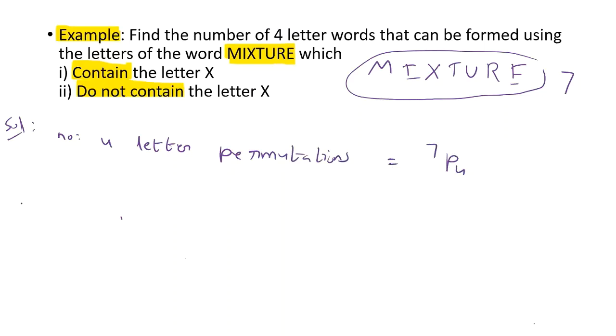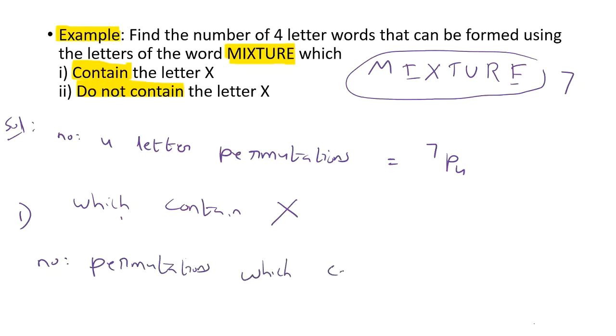Now we have the first problem: which contain X. We have to find the total number of 4-letter permutations which contain X. Now we have this formula: the number of permutations which contain a particular element is r times n minus 1 P r minus 1.